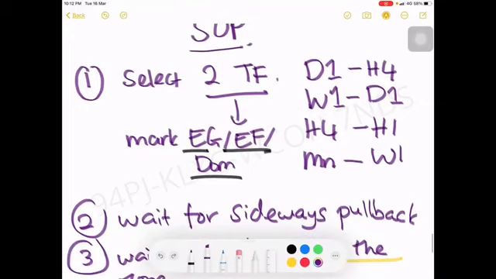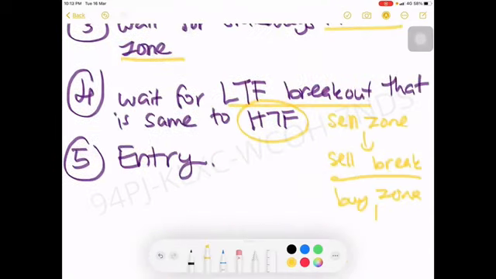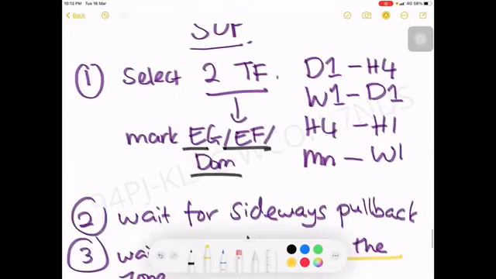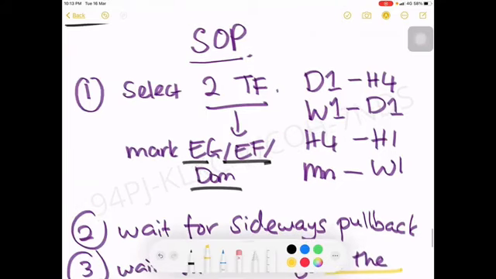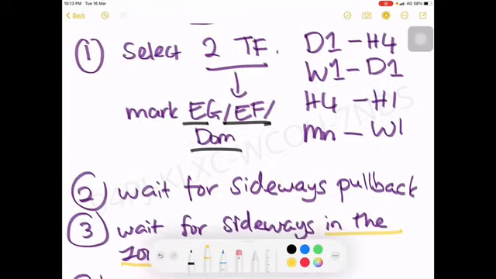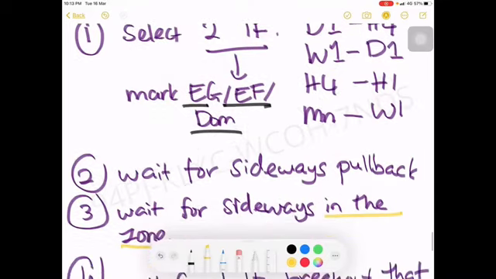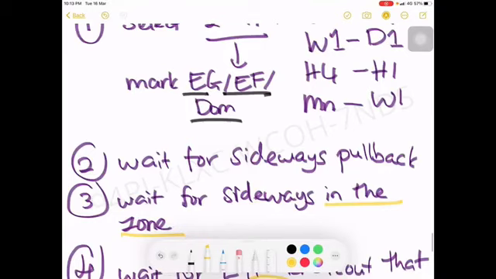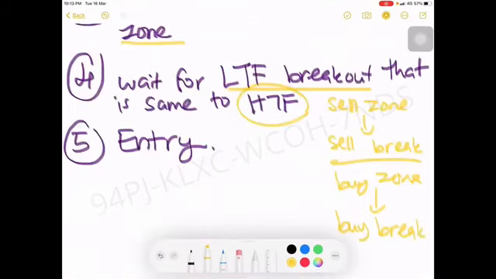There are only 5 steps. If you selected daily, then you're going to have to wait for the zone, and then you're going to wait for the break, same as the high time frame. It means that if you mark the zone, there's only 5 steps.